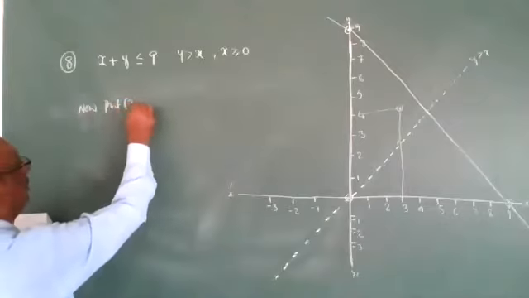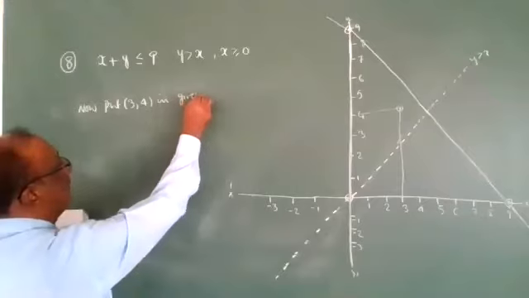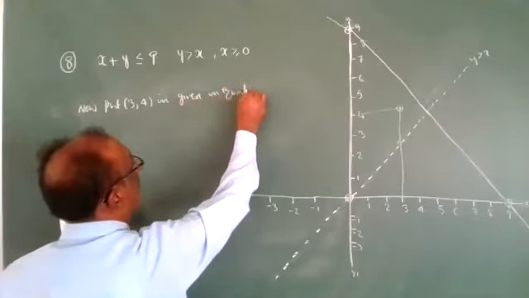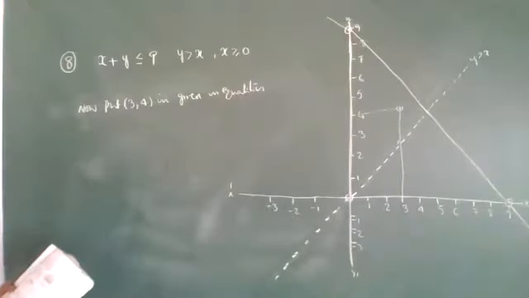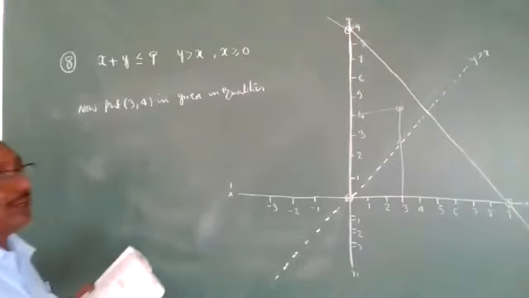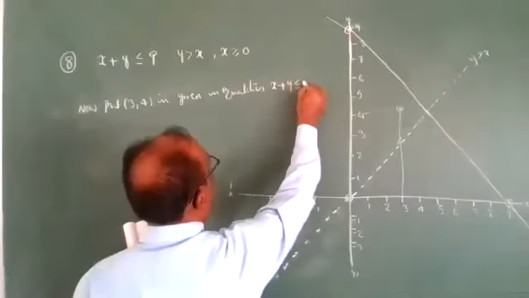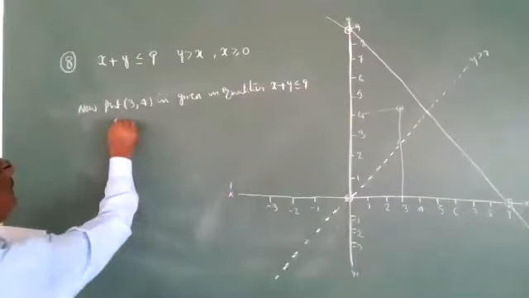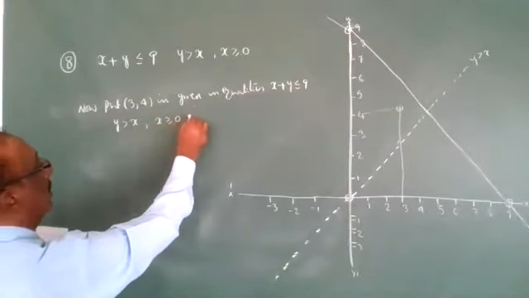Now put 3, 4 in the given inequalities. What are the given inequalities? x plus y less than or equal to 9, y greater than x, and x greater than 0.